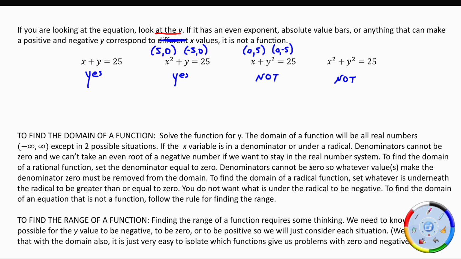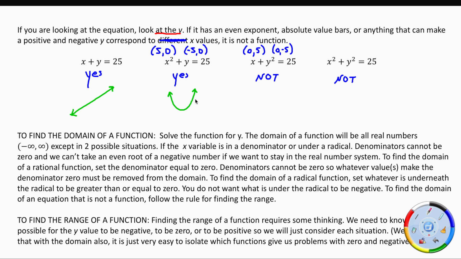Likewise, if I think about what these graphs look like, and right now I may not know what they all look like, but eventually I will. I should know this is a line, right? So that's the graph of a linear equation, or a line. So it passes the vertical line test. If we don't know already, we soon will, that this is the parabola.